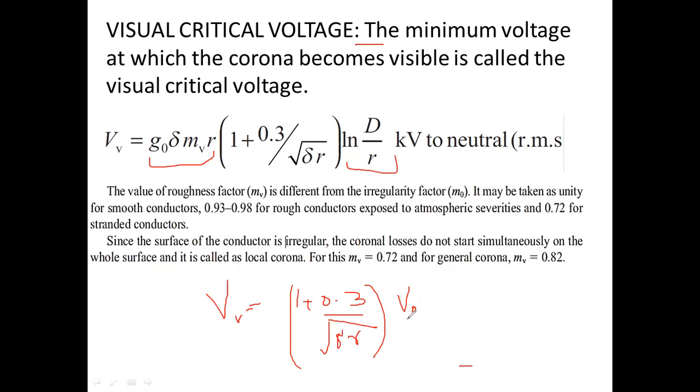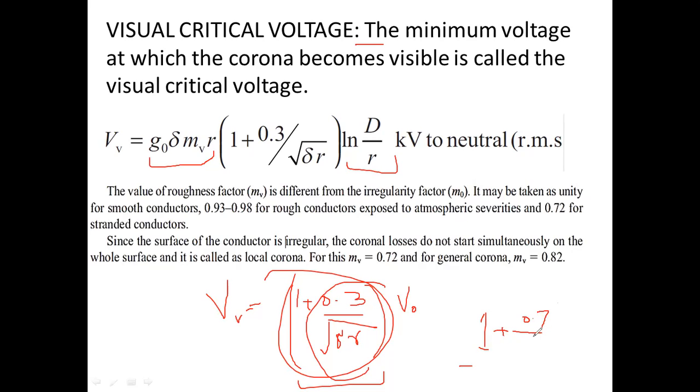If we have the V naught value, just multiply this V naught with this additional term for Vv. This term is in multiplication with V naught, and it would definitely be greater than 1 because 1 has been added to it. Even if the second term is less than 1, for example 0.7, the whole term will be 1.7.